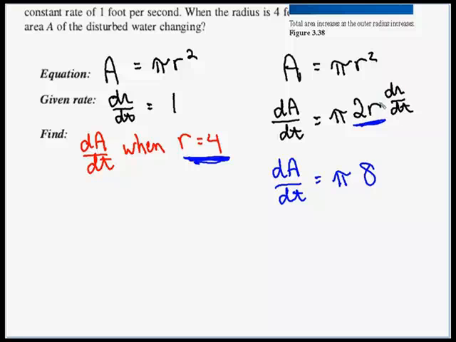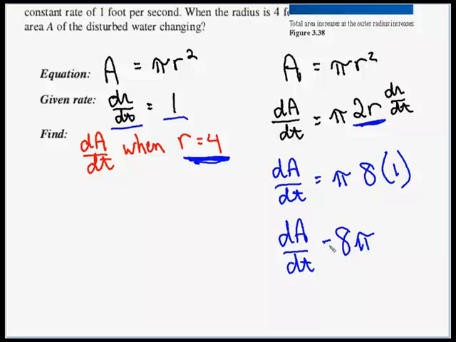And dr dt, that was also given. dr dt was 1. So we have pi times 8 times 1, or just 8 pi. And I guess since our radius was changing at 1 foot per second, this is 8 pi per second.